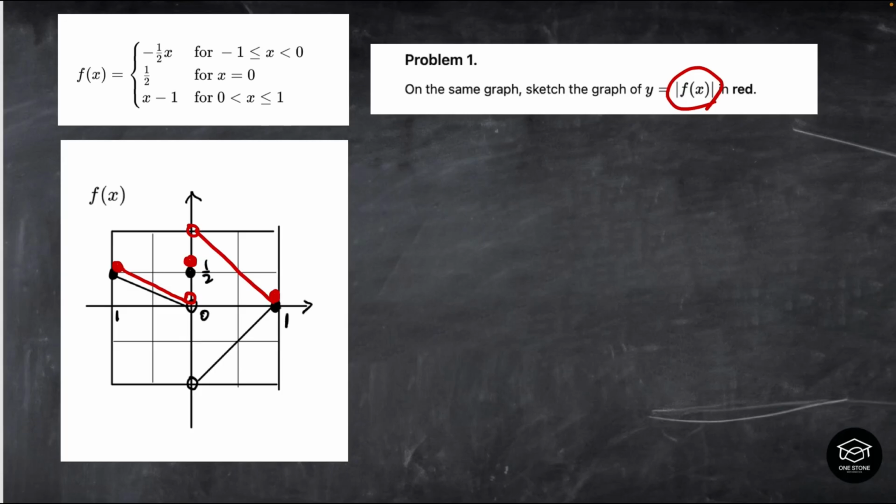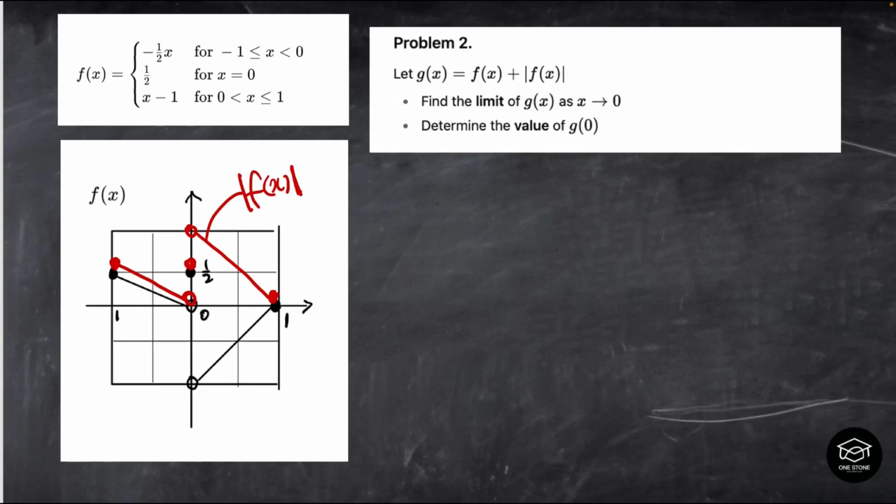So the final absolute value function is, for x between -1 and 0, y equals -1/2 times x. At x equals 0, y equals 1/2. For x between 0 and 1, y equals 1 minus x.